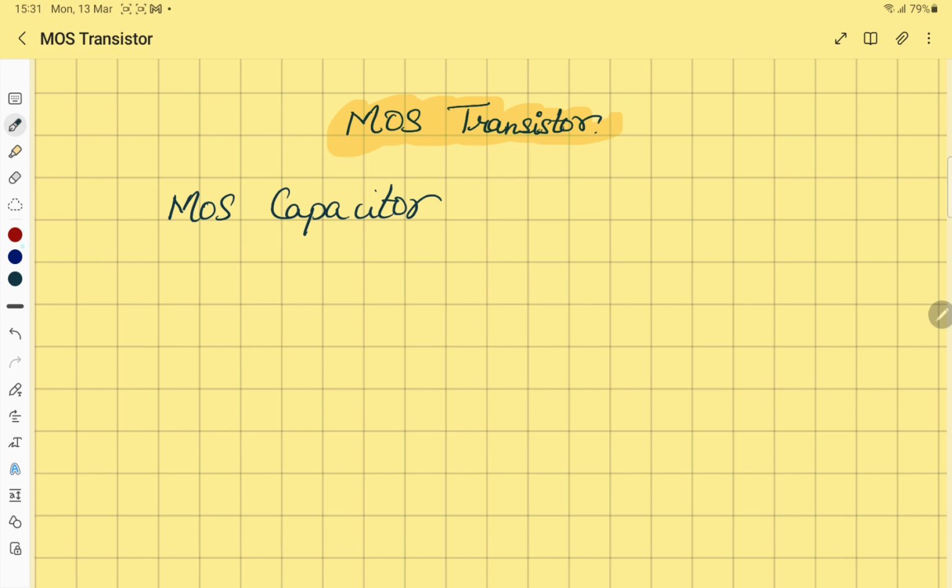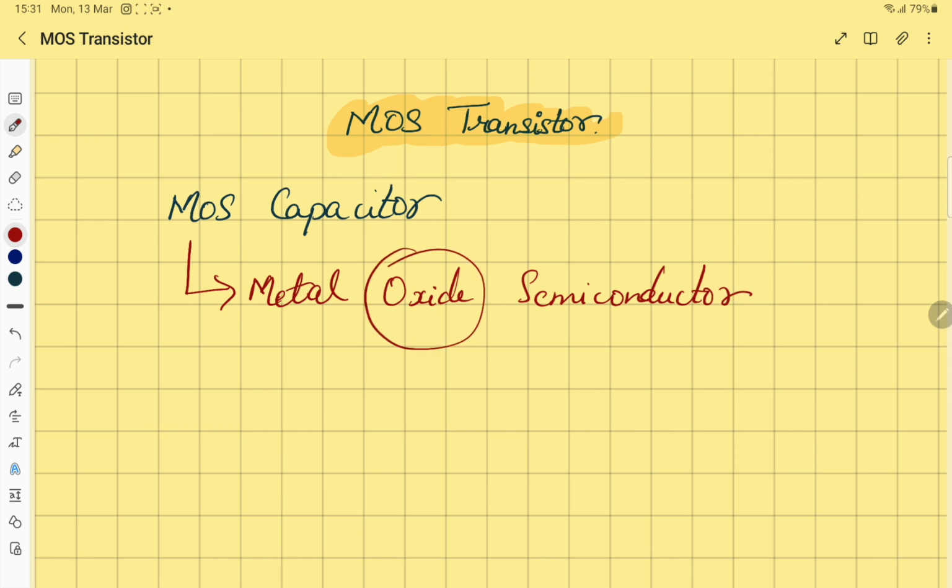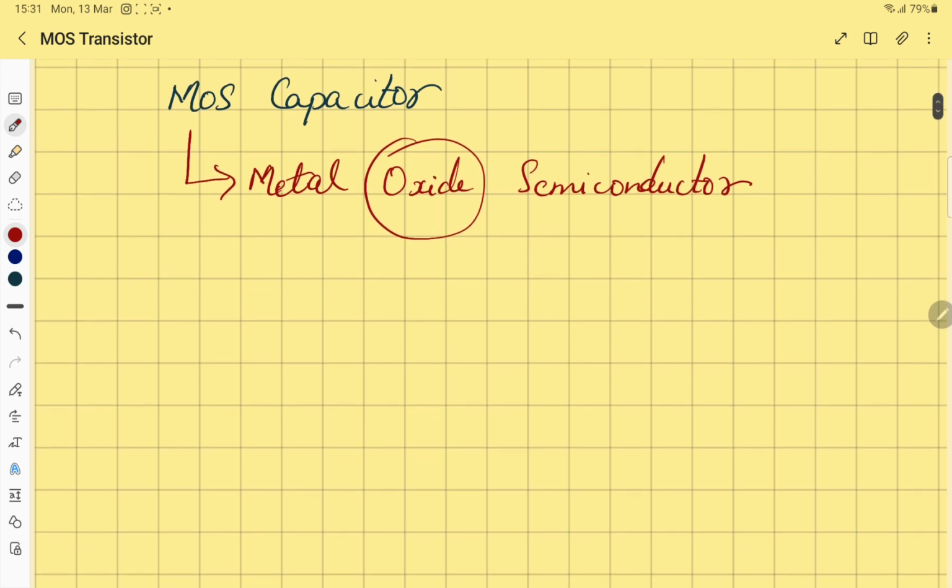A MOS basically stands for metal, oxide, and semiconductor. Basically, there is an oxide layer which is sandwiched between a metal and a semiconductor layer. I'll just draw a diagram to make it more intuitive.